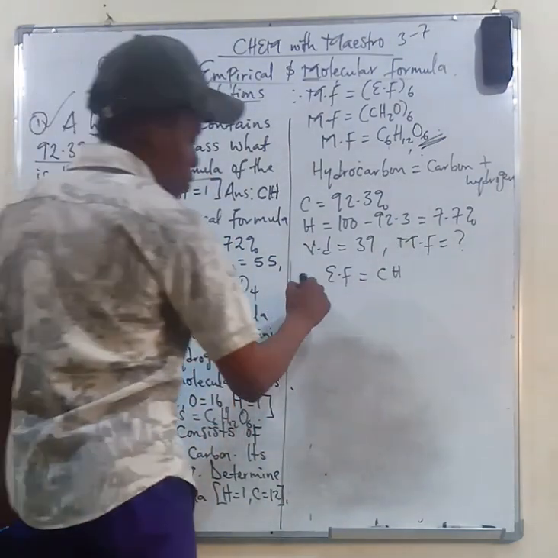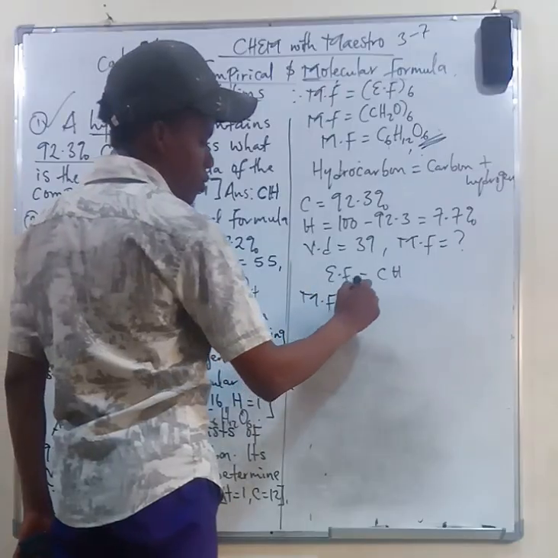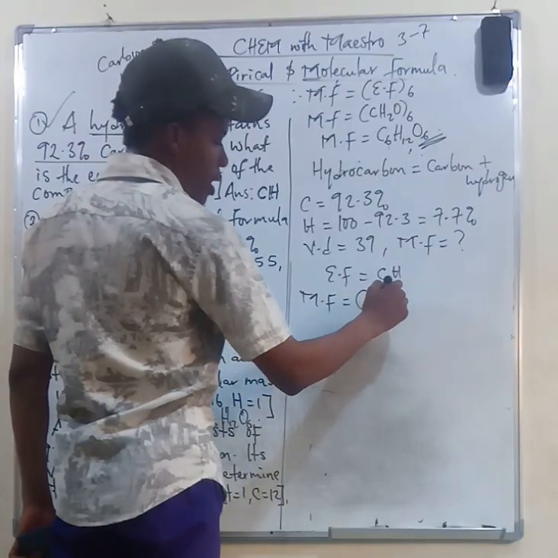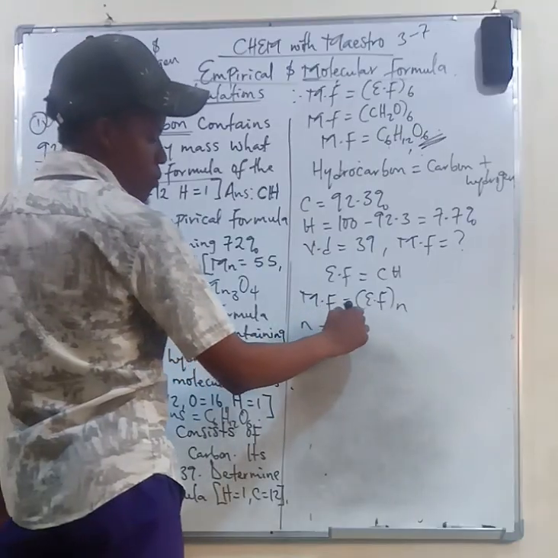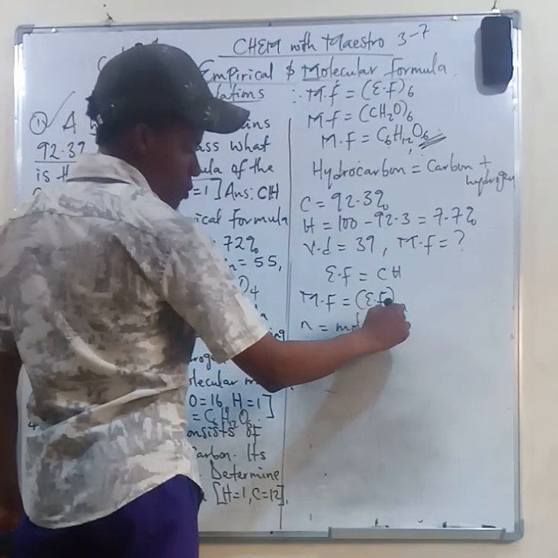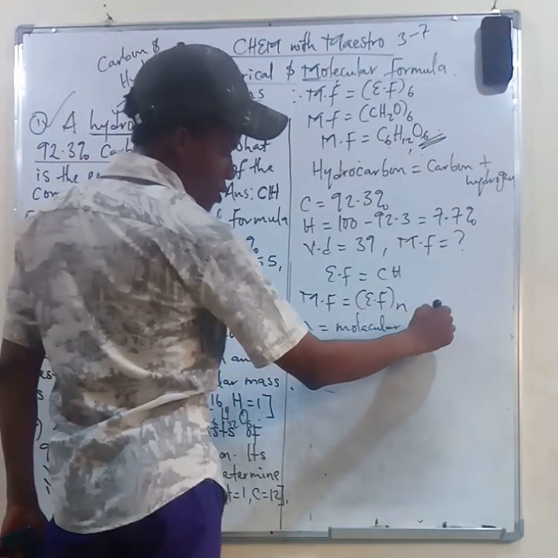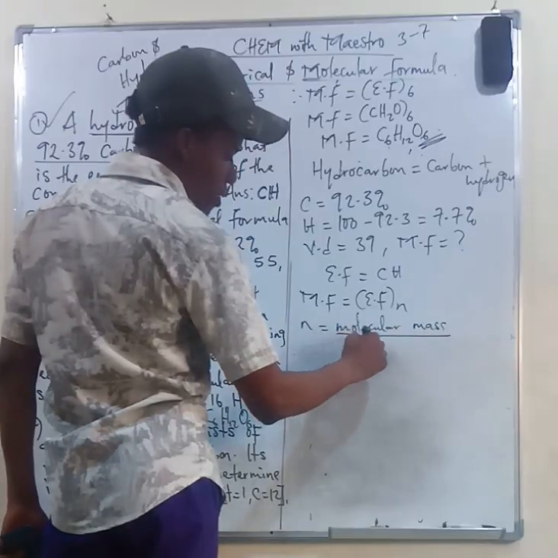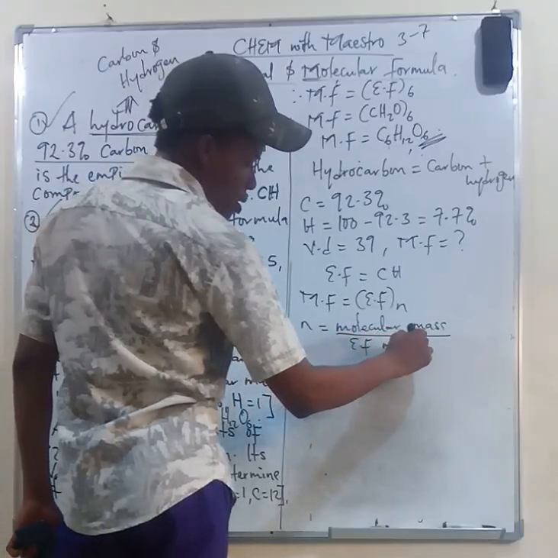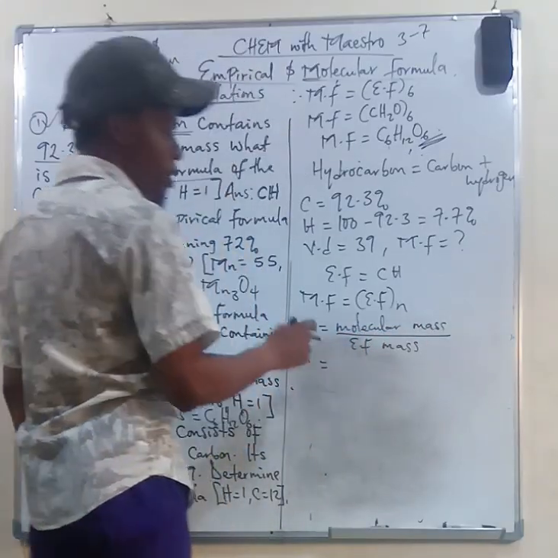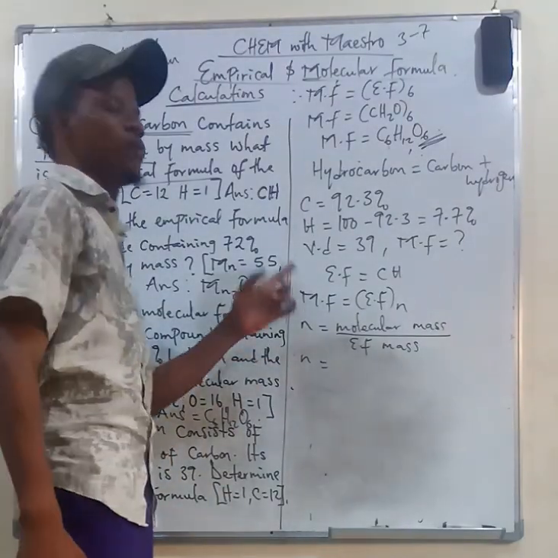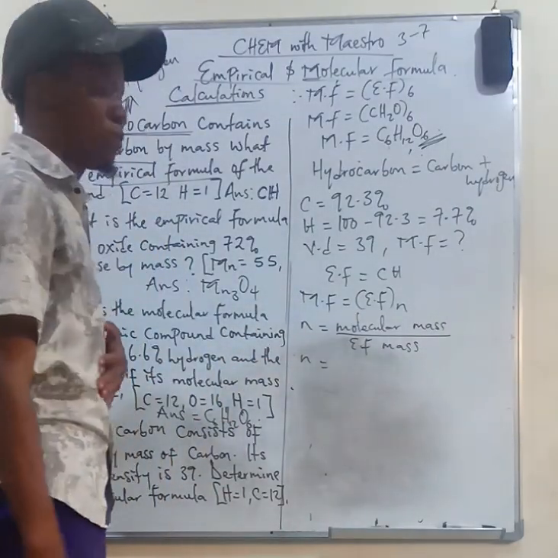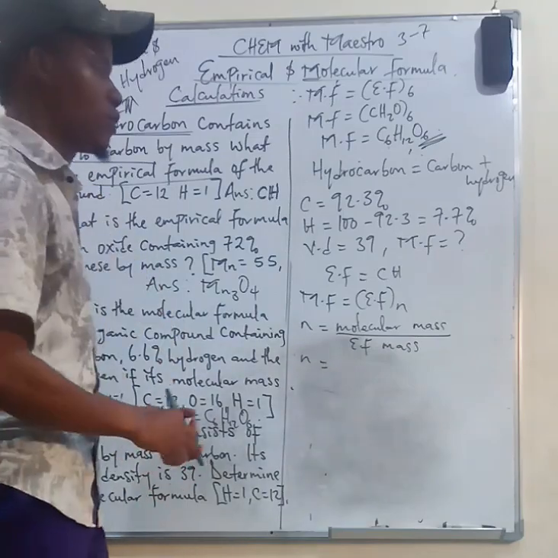Now remember, molecular formula is equal to empirical formula N. Now what is N? N is equal to molecular mass over empirical formula mass. Now what is our molecular mass? They didn't give us directly the molecular mass, but they gave us something. Please take note of this formula.